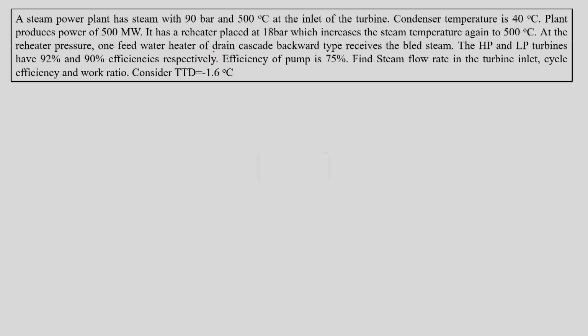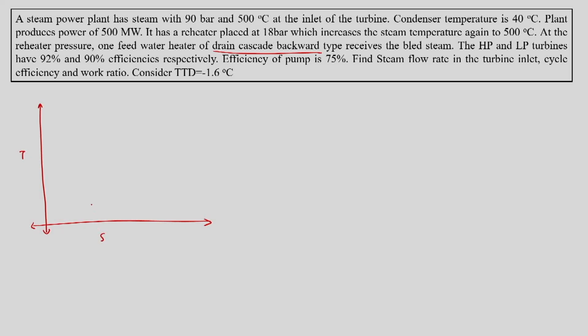Having said this, this example specifically is chosen for the fact that it deals with drain cascade backward type. So, let us plot the TS diagram for this example and number our usual notations.